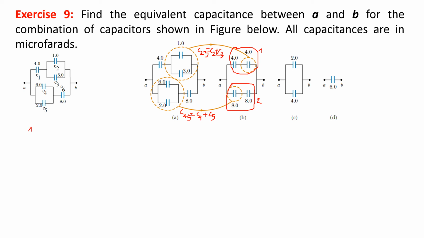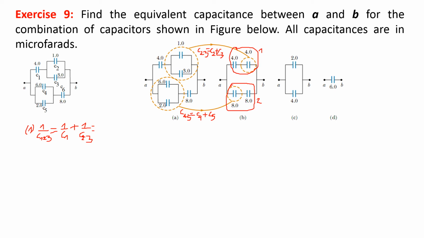In 1, the equivalent capacitance will be the equivalent capacitance of the series connection. In series connection we use the inverse relationship. So there are capacitance 1, 2 and 3. Its inverse is equal to the inverse of capacitance 1 plus the inverse of capacitance 2 and 3.